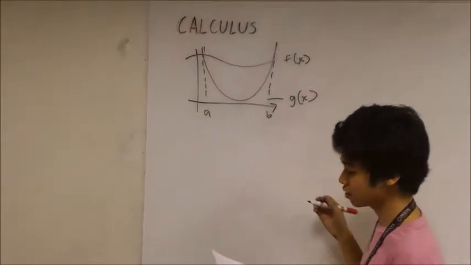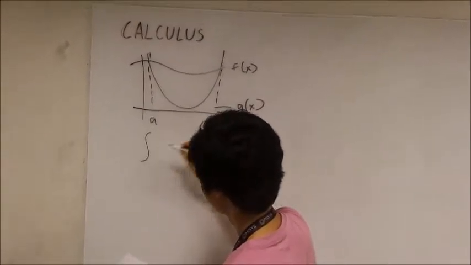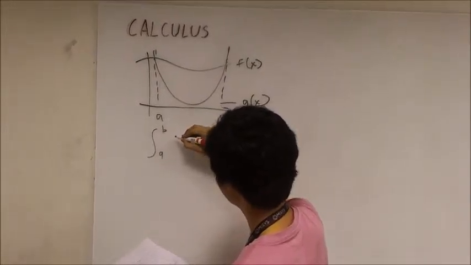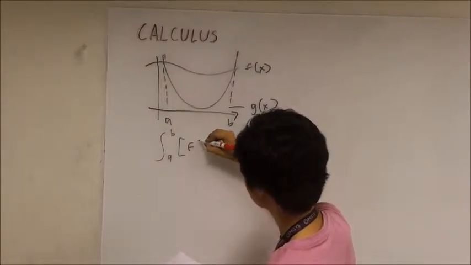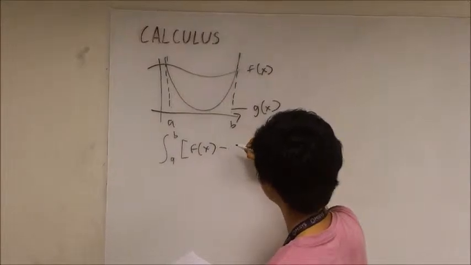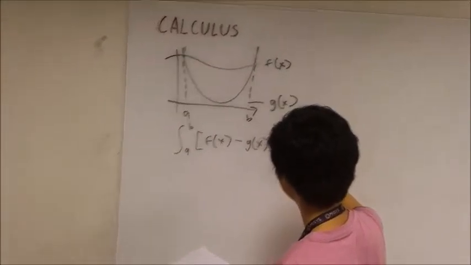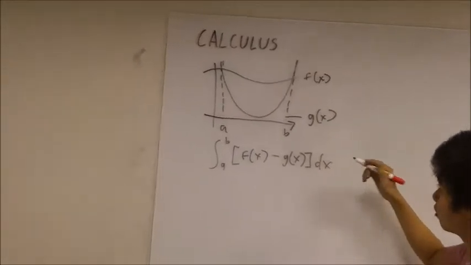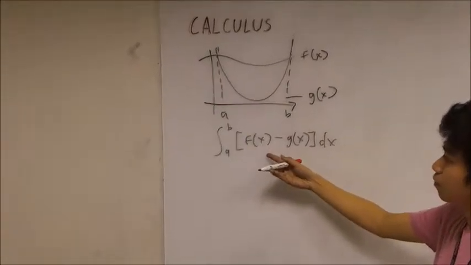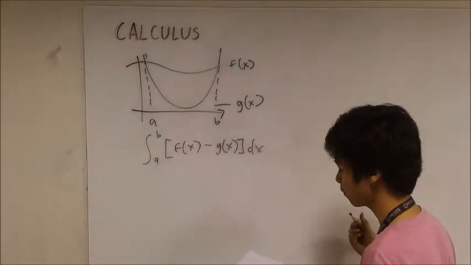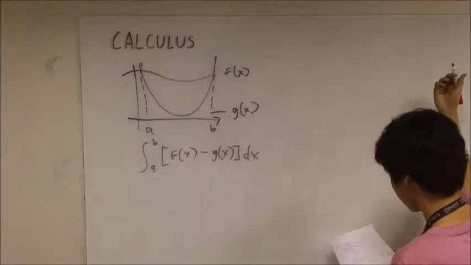Now to solve for this, we can also apply calculus and use the integral of f of x minus g of x. As you can see, it is basically the top function minus the lower function, or the top curve minus the lower curve. So let's provide an example.